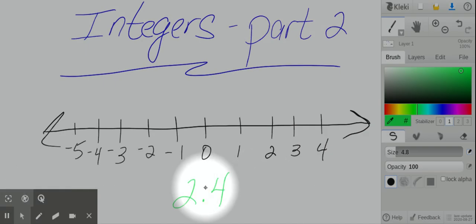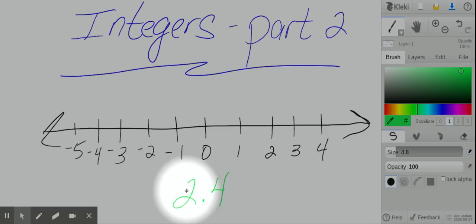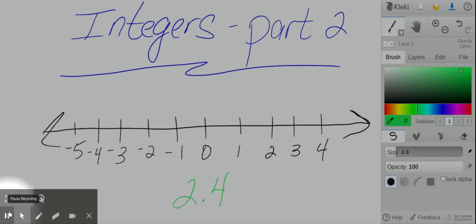Well, 2.4 is greater than the whole number 2, but it's less than the whole number 3. So I know that 2.4, and it's a positive, is going to come somewhere in between positive 2 and positive 3.